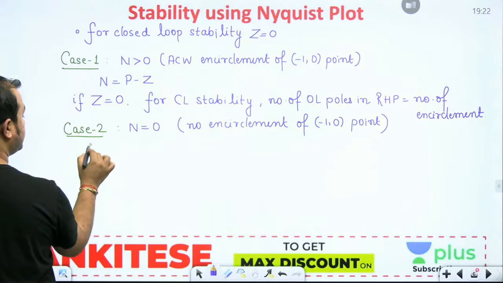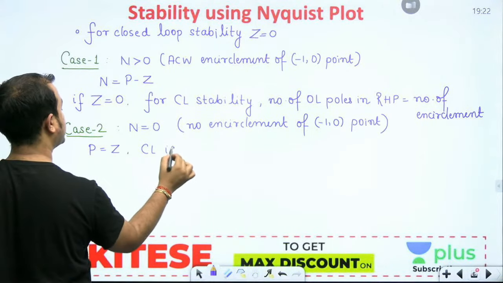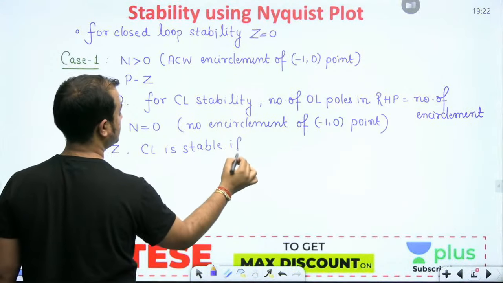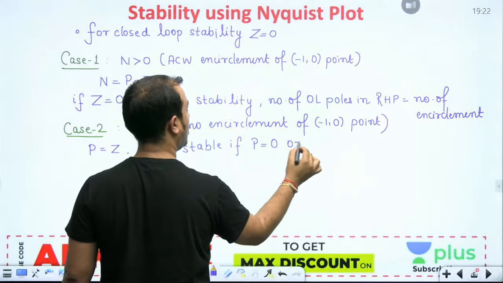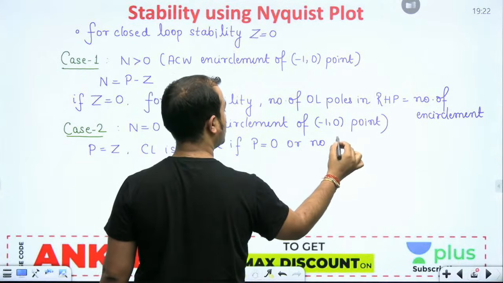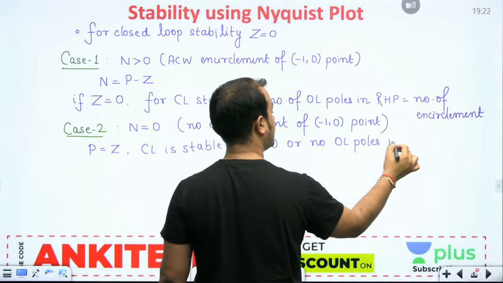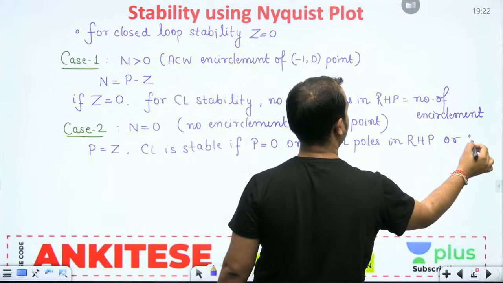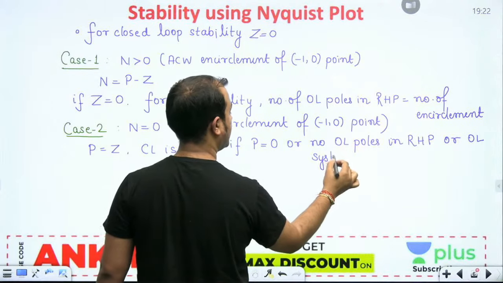Then the closed loop system is stable if P equal to 0, or no open loop pole in RHP, or the open loop system is stable.